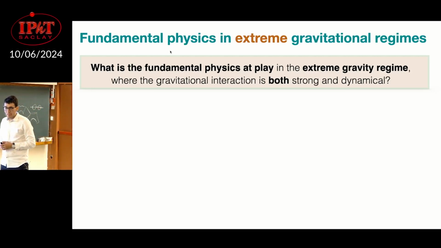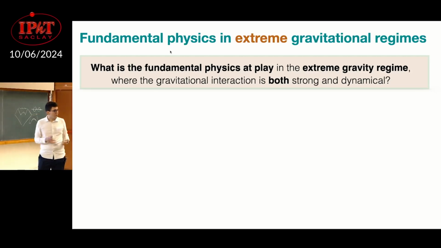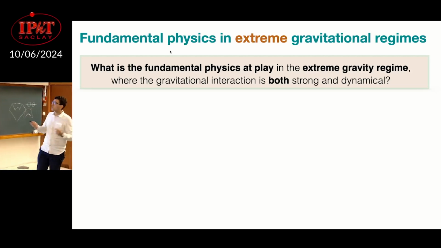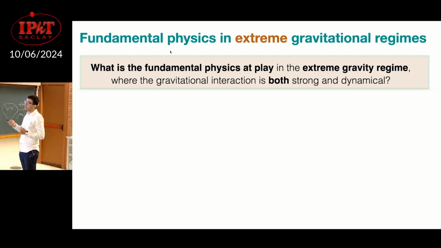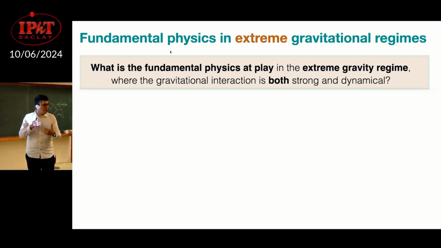And actually, one of the key fundamental properties of GR, and it's not necessarily unique to GR, but shared with other theories of gravity, is that for this strong gravity regime, or extreme gravity regime, we don't know exactly where it starts, meaning that we don't know exactly where these nonlinear effects are going to be important.